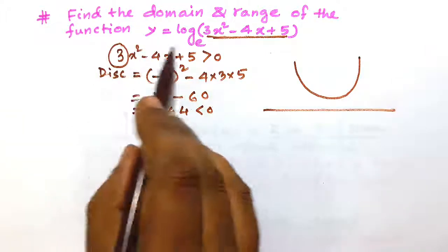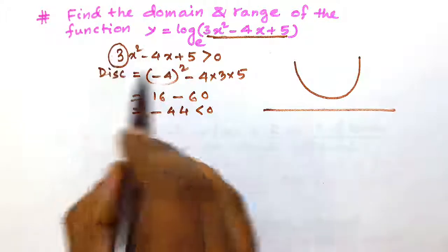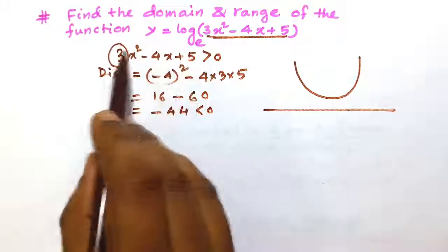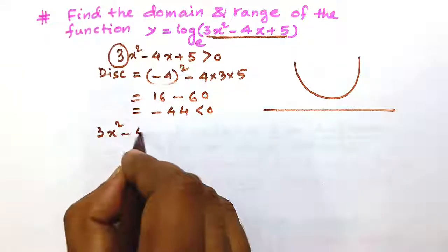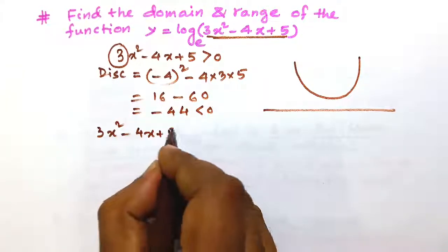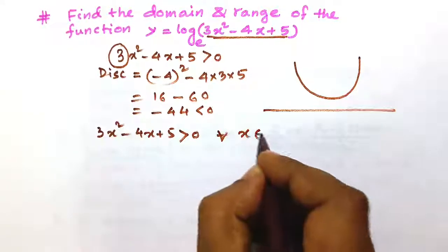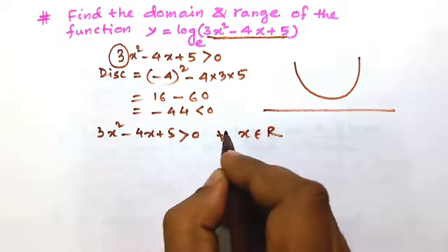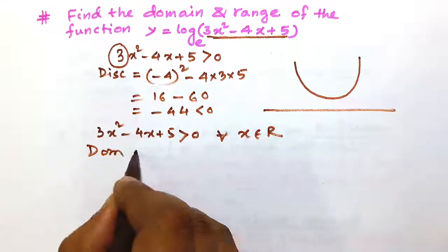This polynomial gives you a positive value. So we can write 3x square minus 4x plus 5 is always greater than 0 for all x belongs to R. So its domain is R.